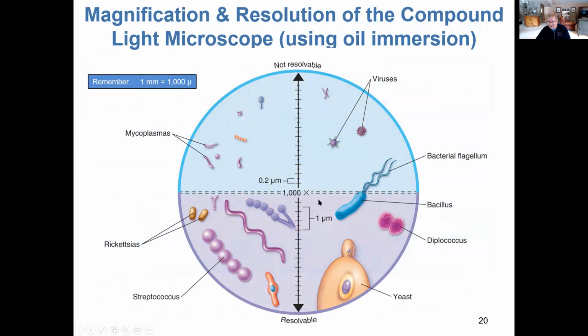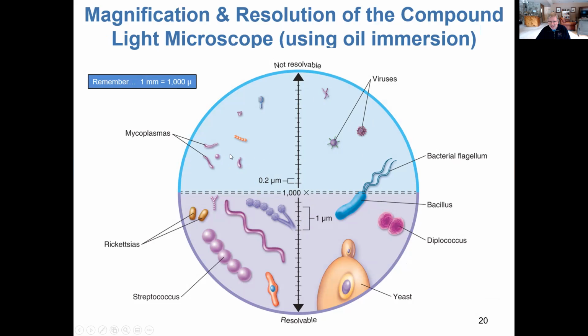So basically, this slide is showing that this region here in kind of purple, where they say resolvable, this is what you can see with our microscope. Anything in the blue area, which is smaller than our ability to see these things because of the size, we can't see viruses.